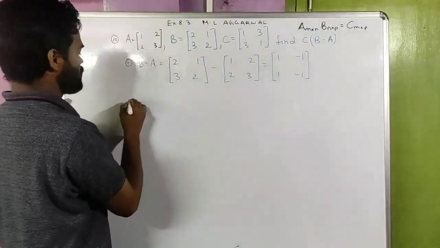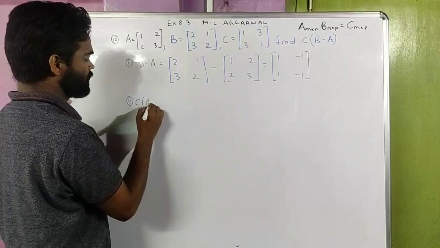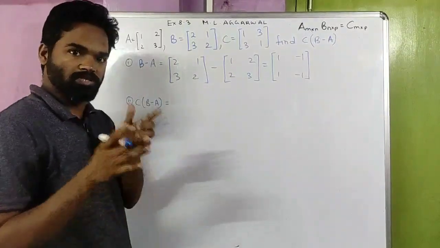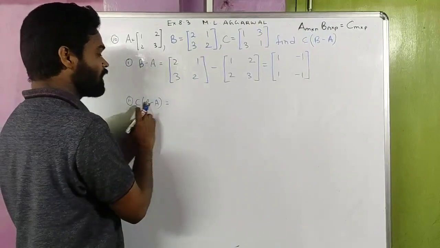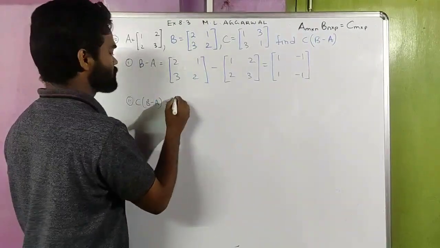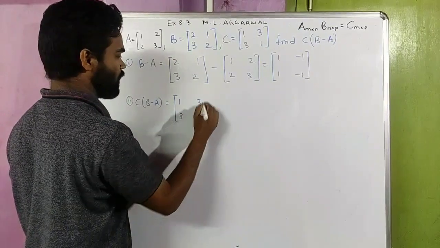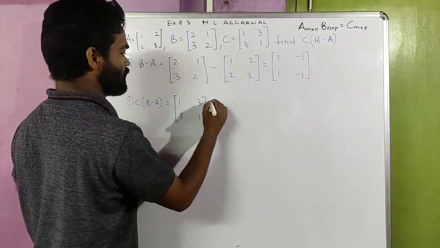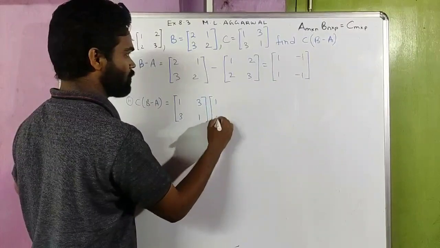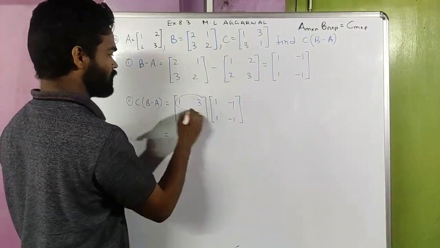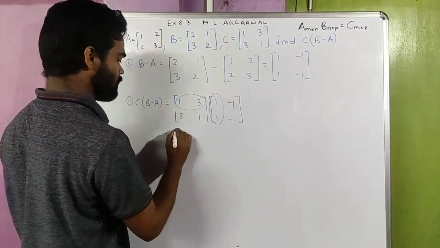Now we'll find in the next step C times B minus A. See, matrix multiplication depends on sequence. So you have to write C first and then B minus A. Okay. So C is 1, 3, 3, 1. And your B minus A is 1, 1, minus 1. Now we know how to multiply this. First row, first column.